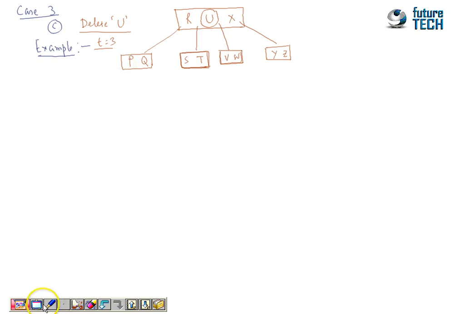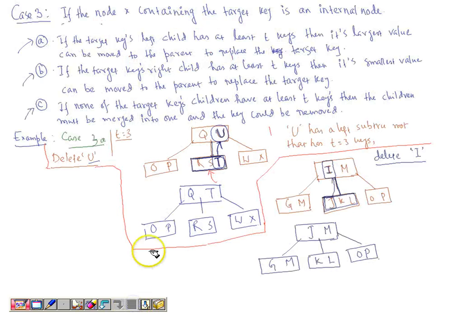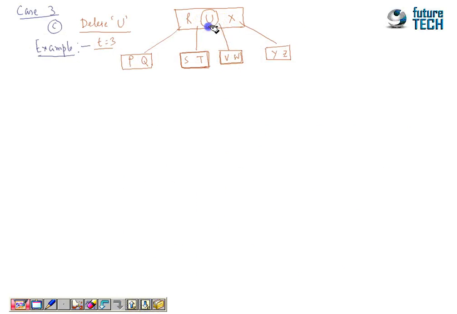In the earlier cases, we had a subtree root which had T keys. In this case also I had a right subtree root which had 3 keys, but now we have to delete U, where the left subtree of this U has a root node that contains only 2 keys, that is less than T, and again the right subtree also contains 2 keys, that is less than T.